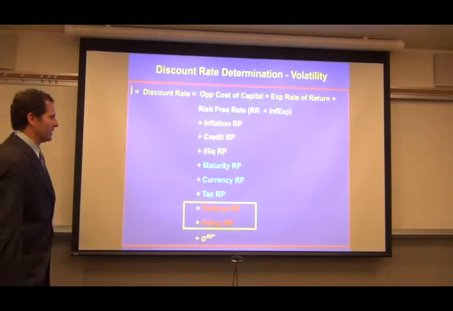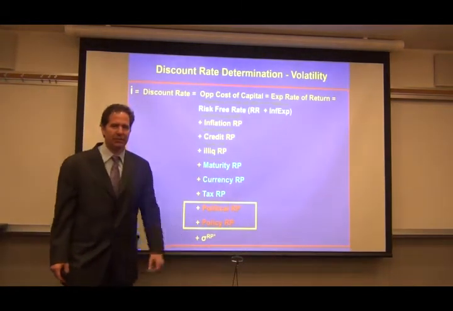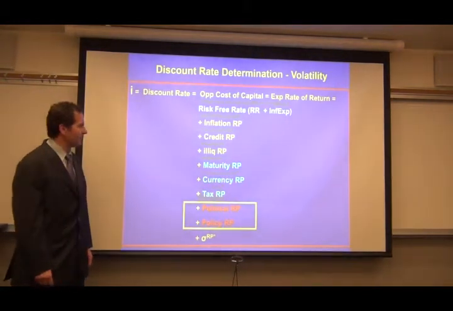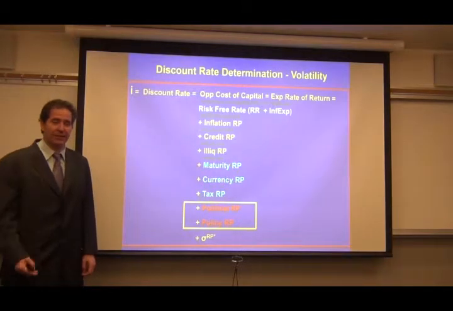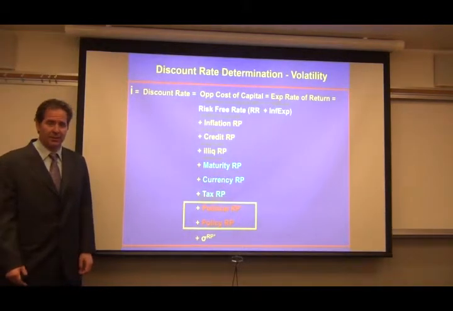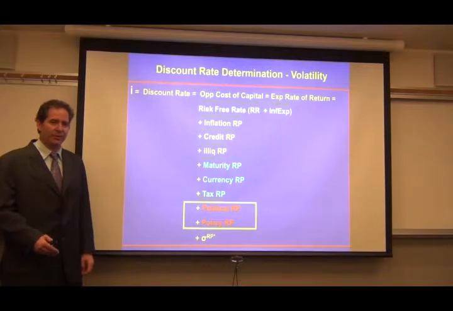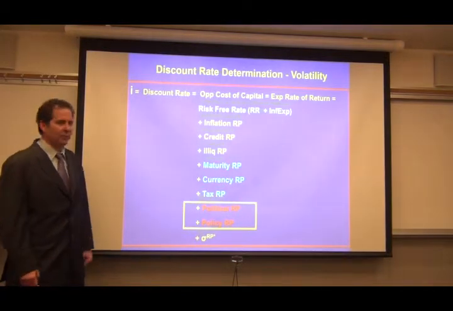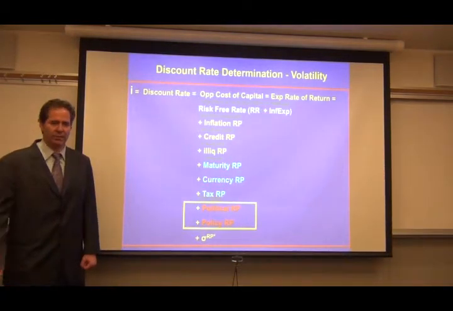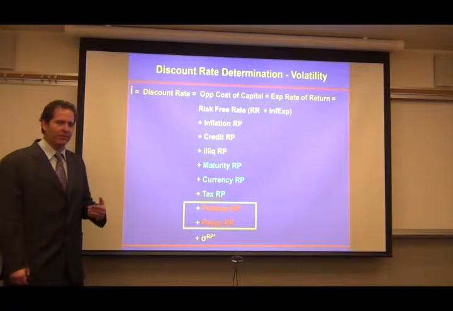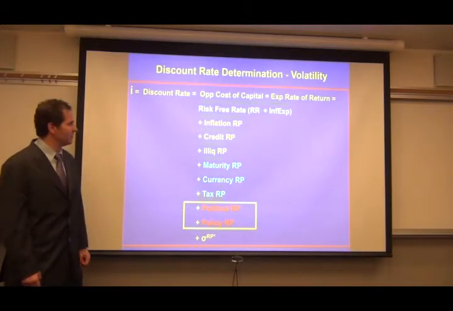So what is the discount rate? I went through and decomposed the discount rate. If you're going to build the discount rate to discount cash flows, what's the base rate or the first rate that you would use? You would use the risk-free rate. What is the risk-free rate? It's the real rate plus inflation expectations.